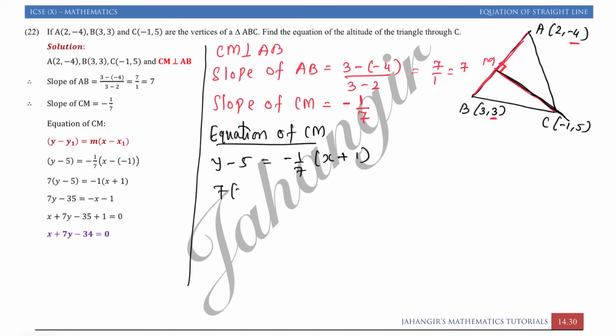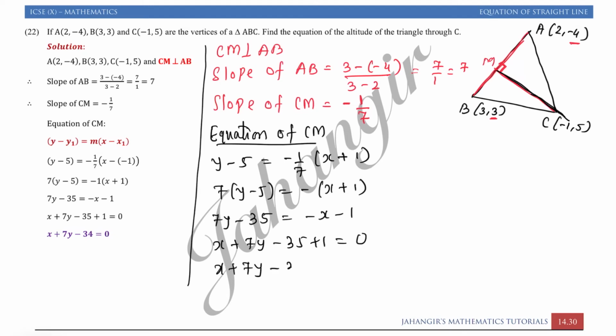So 7(y - 5) = -(x + 1). Open the bracket: 7y - 35 = -x - 1. So x + 7y - 35 + 1 = 0, that is x + 7y - 34 = 0.